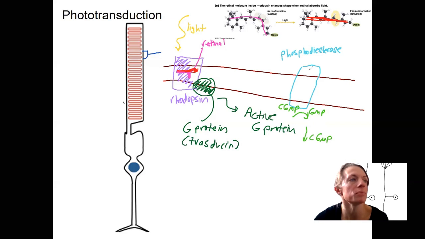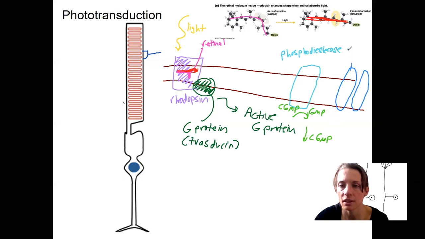So we're basically decreasing the levels of that second messenger. We're turning this off. And what that's going to do is close these cGMP gated channels.